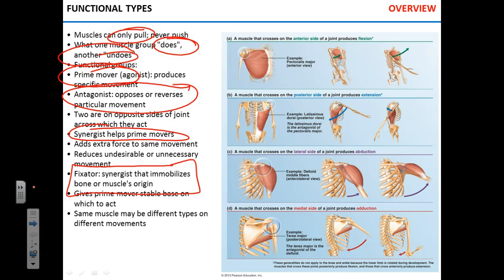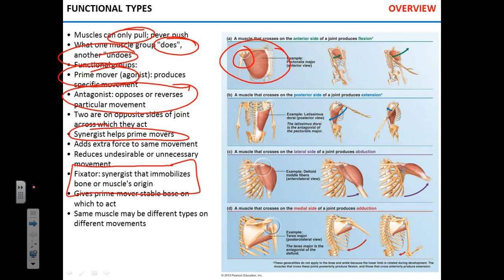In application to the exam, which movement does this muscle produce? Look at the location of the muscle in relation to the joint. If the muscle crosses the joint anteriorly, it flexes the joint. If it crosses the joint posteriorly, it extends the joint.